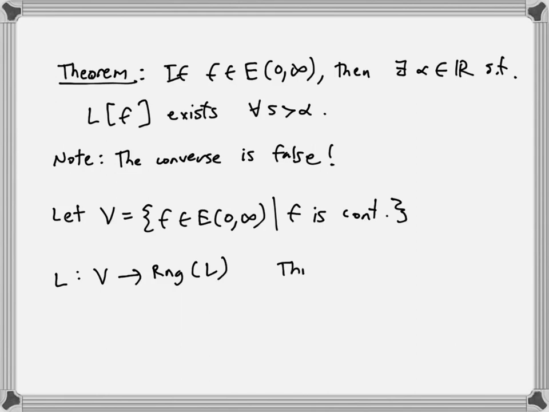It turns out that this map is 1-to-1, and also, I'll say, onto. What does this mean? This means, as we learned earlier in the class, that the inverse of this transformation exists.